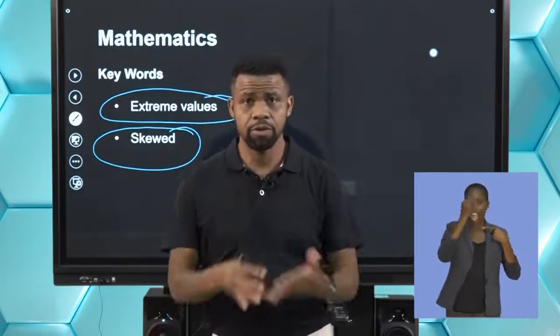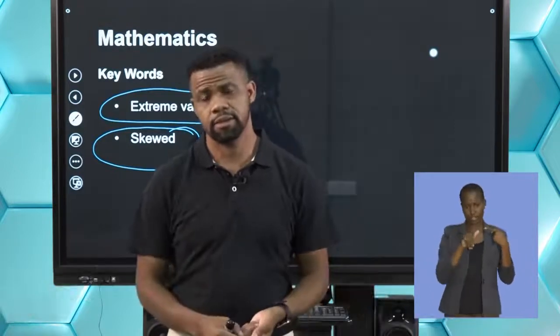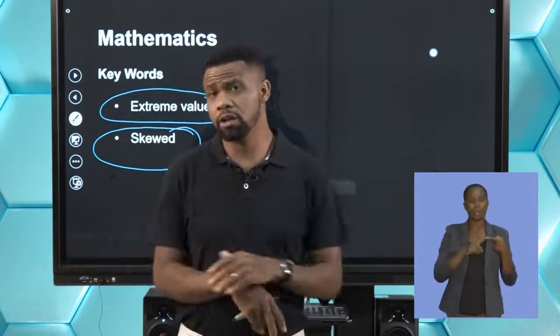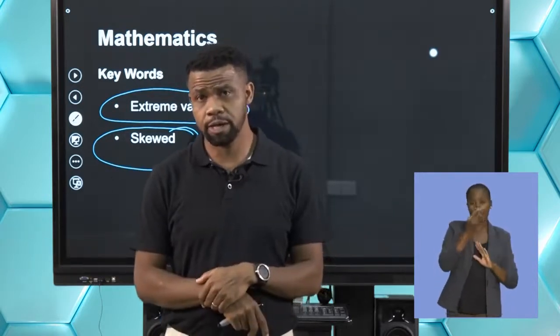Then we'll look at some keywords: extreme value and skewed. Extreme values are the highest or the lowest value in a set of data. This can be the maximum or the minimum. Those are the extreme values.